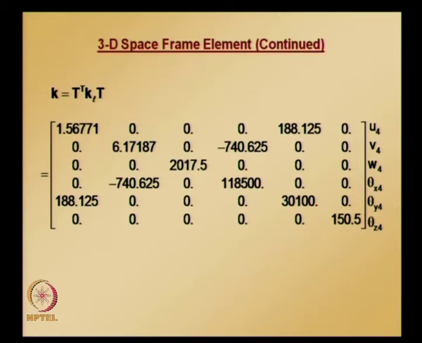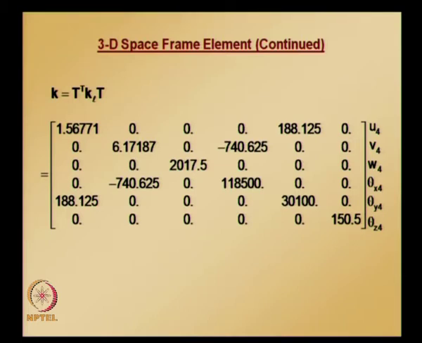So, using the formula for the equivalent load vector for distributed load applied in the xy plane, which is qyL over 2, qyL square over 12, qyL over 2, minus qyL square over 12, the transpose of that is going to be the local load vector.